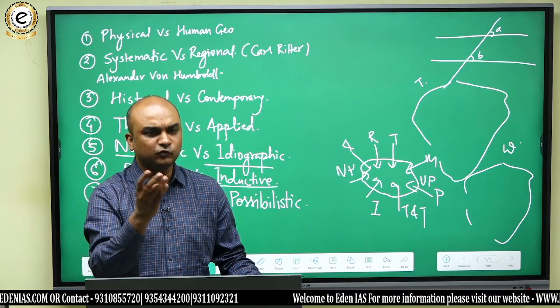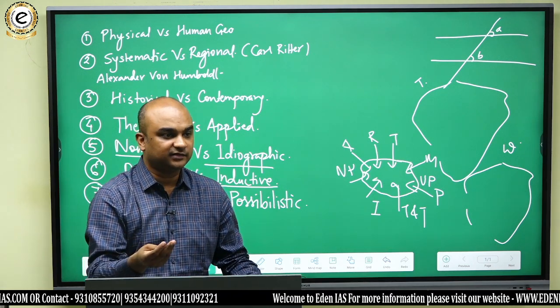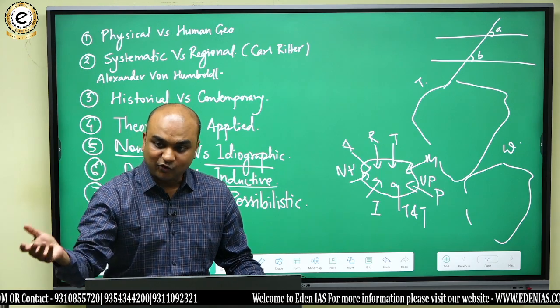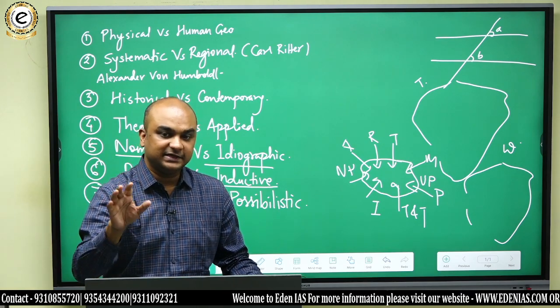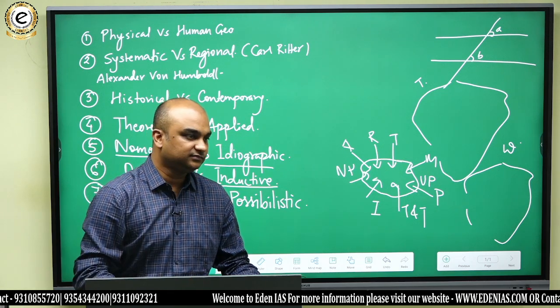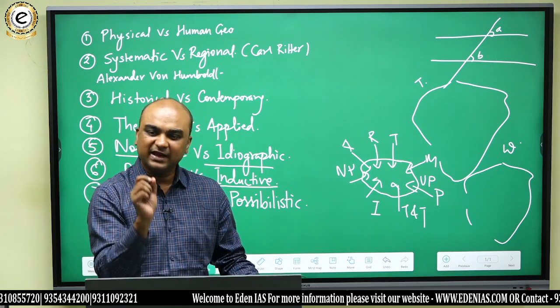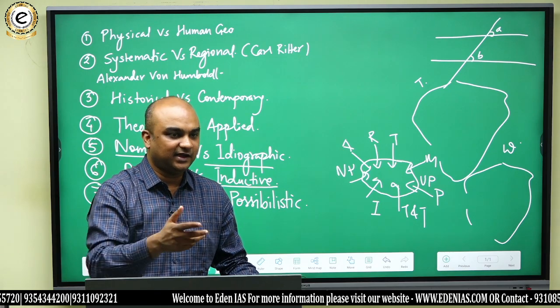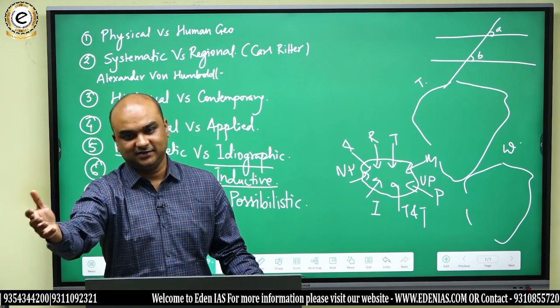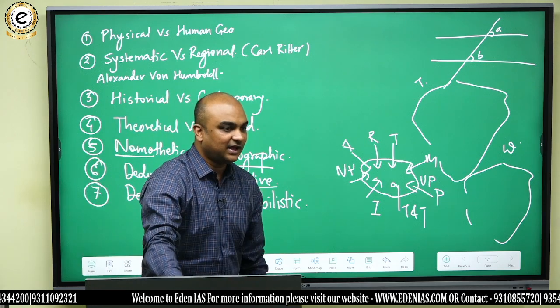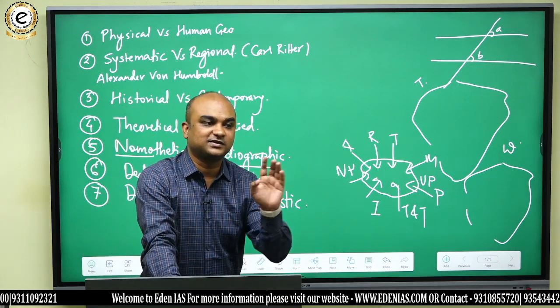Like for example, the food you eat, the clothes you wear, the kind of crops you grow, everything is determined by nature. It means man is like a slave and nature is the master. Nature is giving you commands and you are doing as per the commands.